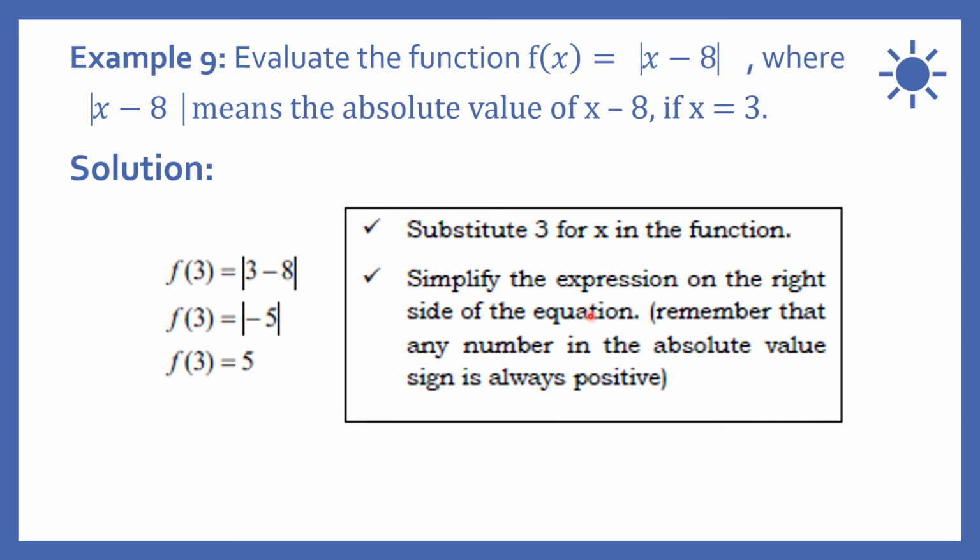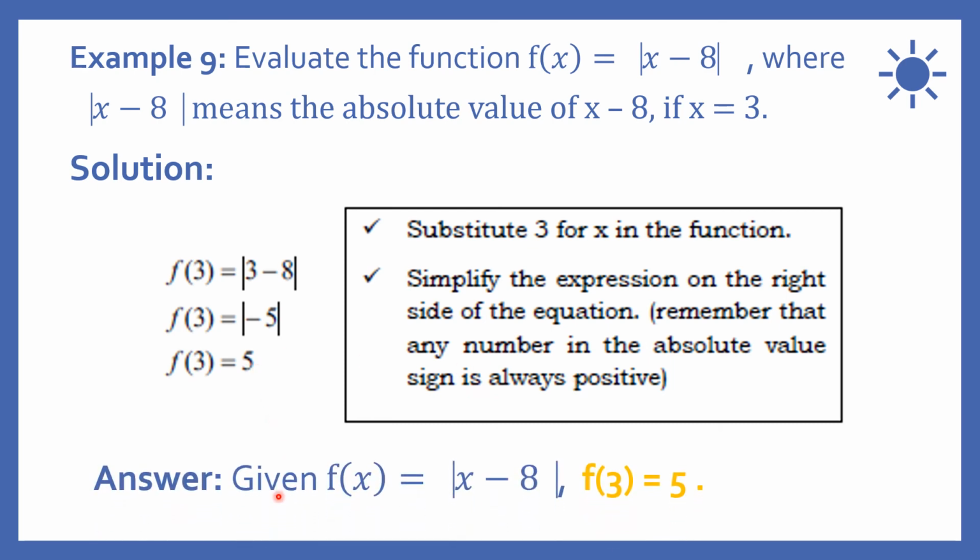Simplify the expression on the right side of the equation. Ayan, sabi dito, remember that any number in the absolute value sign is always positive. Kaya siya naging positive. Answer, given f of x equals absolute value of x minus 8, f of 3 is equal to 5.